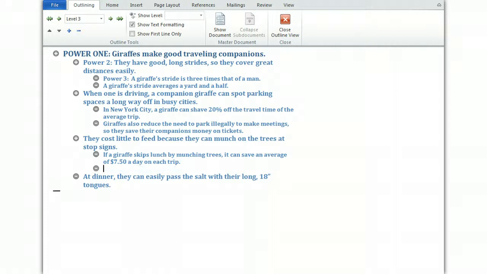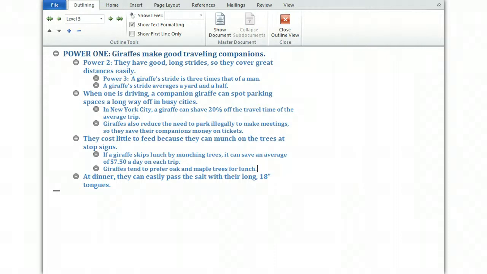I can add another detail and say giraffes tend to prefer oak and maple trees for lunch. It's another detail about the detail that supports the topic sentence.